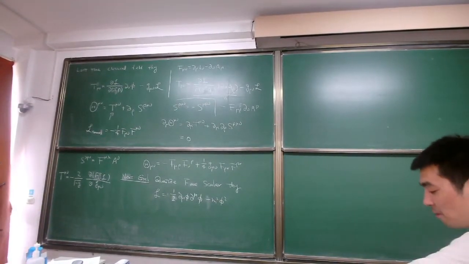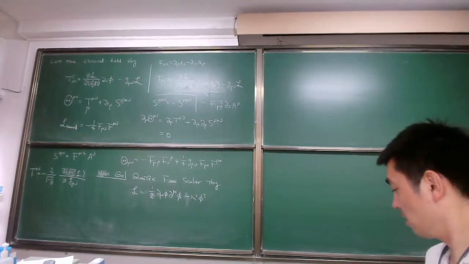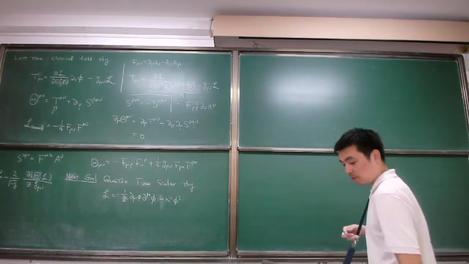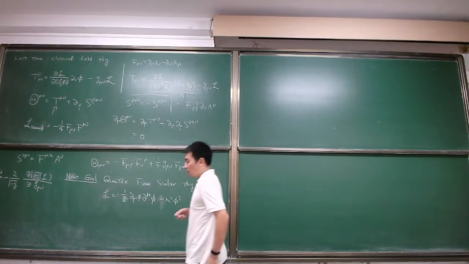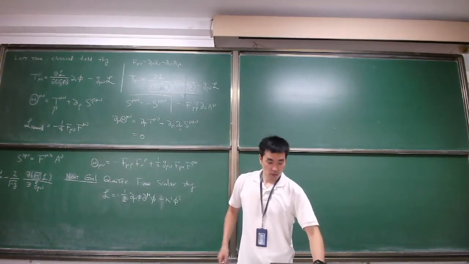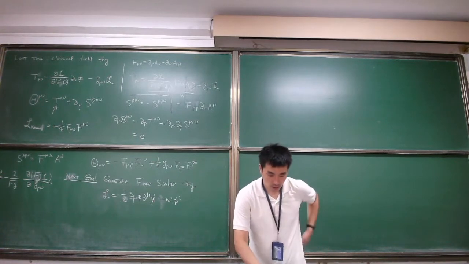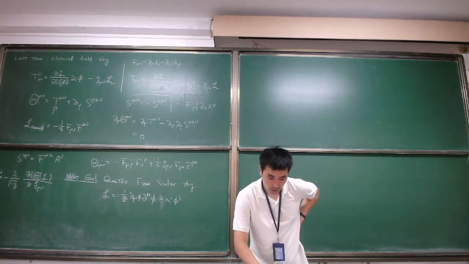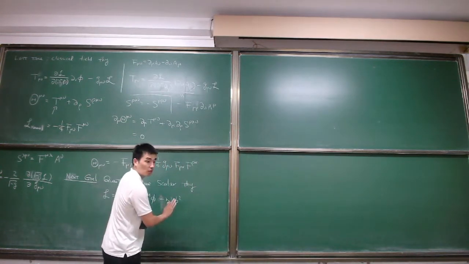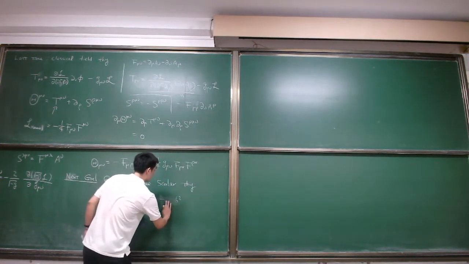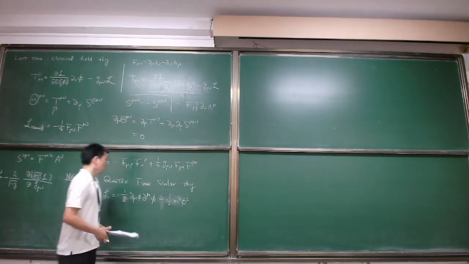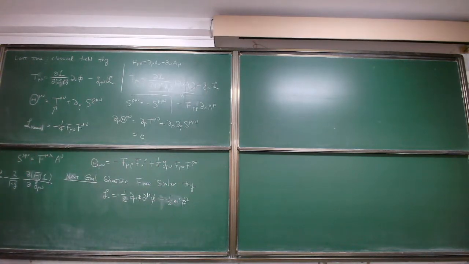Please be careful if you sit in front. Hopefully I'm not mistaken. Okay, good. Oh, sorry, I forgot the 1/2 here. So that's the Lagrangian for the free scalar theory.